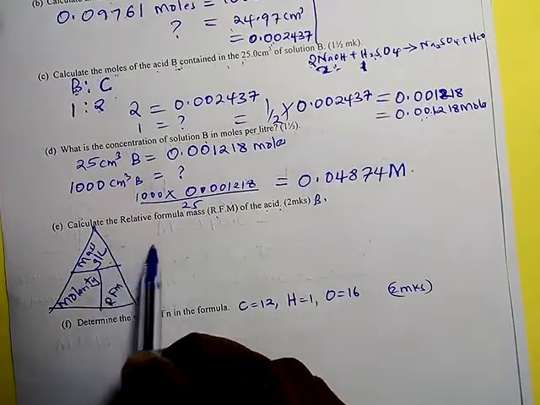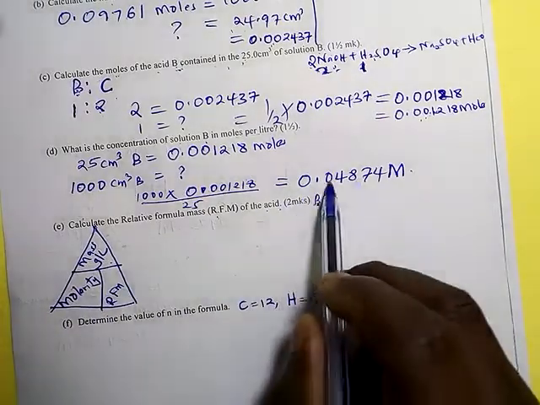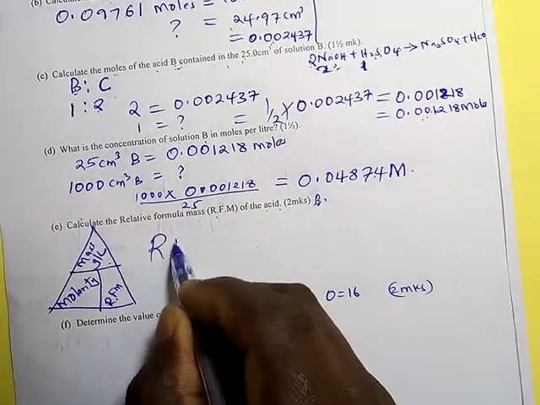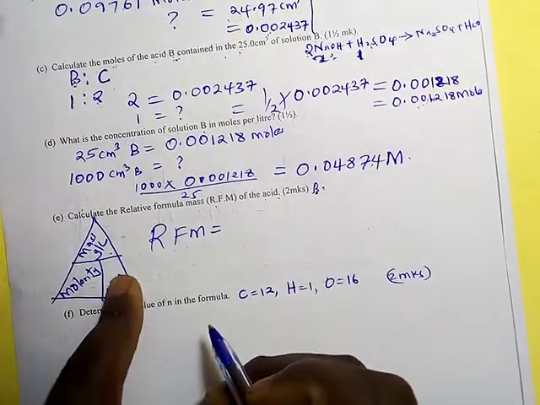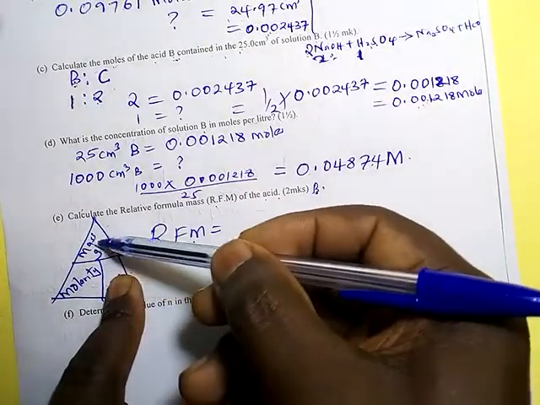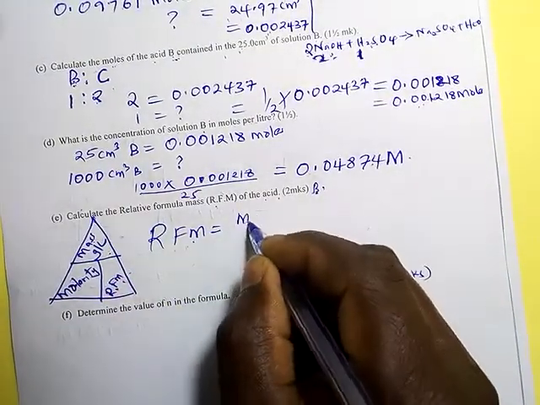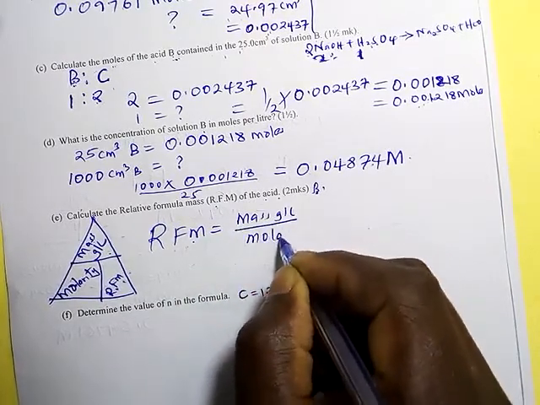So we have mass in grams per liter of solution B. We have the molarity of solution B, which is this one. RFM is what we are looking for. So then we hold this one here as a constant. Then RFM is equal to mass in grams per liter divided by molarity.